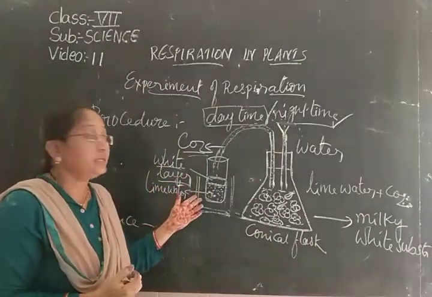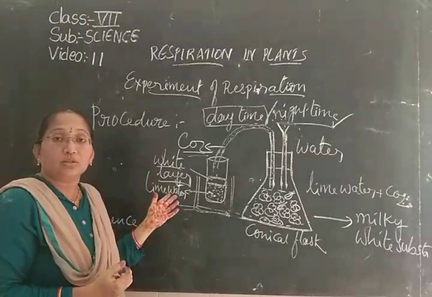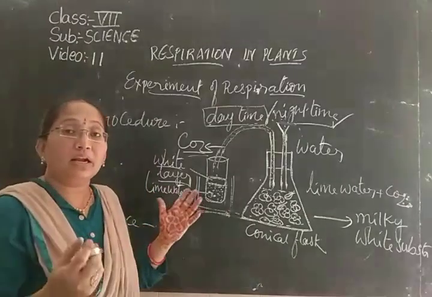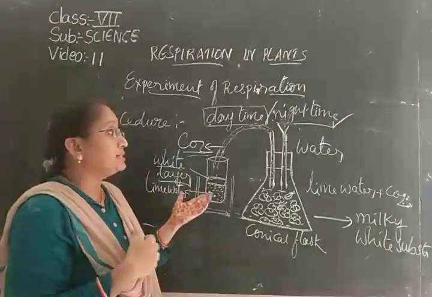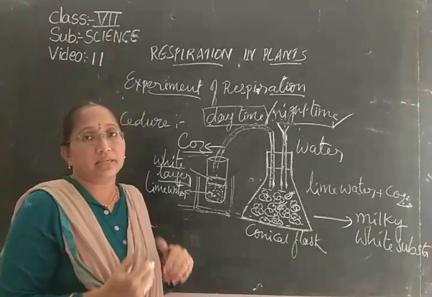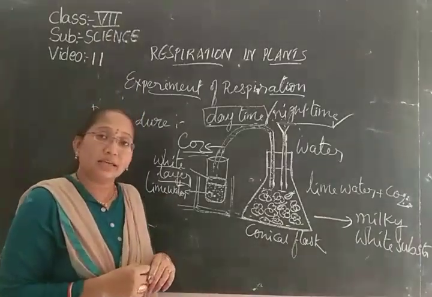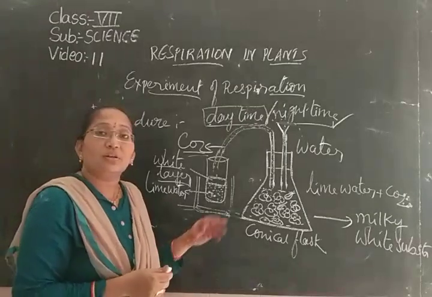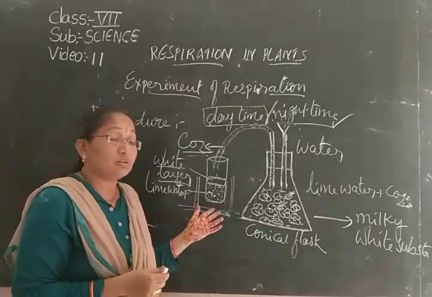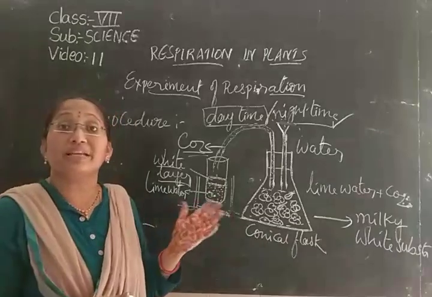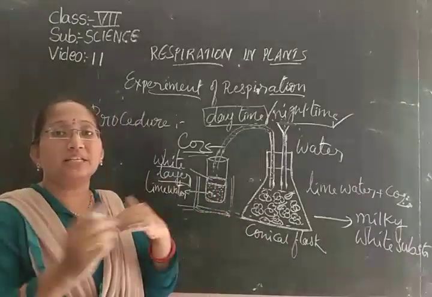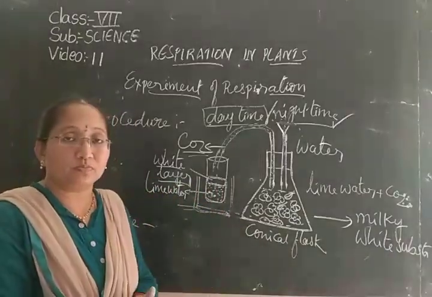So by this we understood that plants also take oxygen and give out carbon dioxide. Is it clear, all of you? So like this, plants also undergo the process of respiration, where exchange of gases takes place.